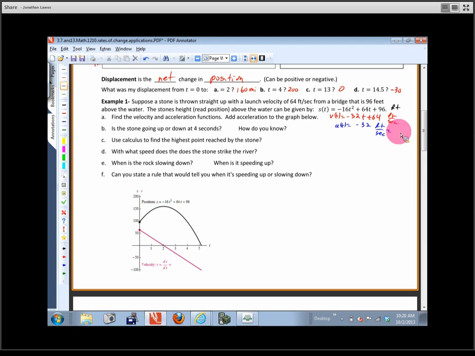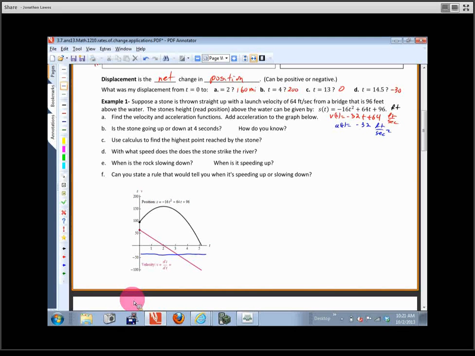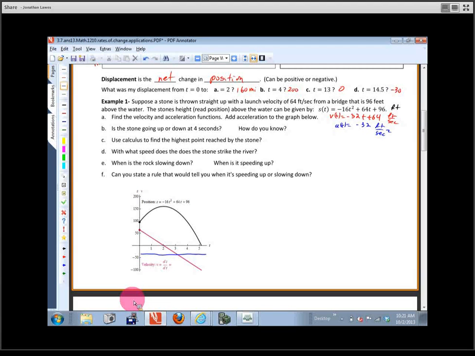So if I were to graph the acceleration function, it would have to be about right there at negative 32. It's always negative 32 feet per second squared. Up is positive, gravity's pulling it down at negative 32 feet per second squared. Is the stone going up or down at 4 seconds?